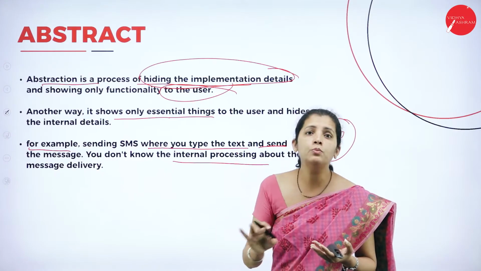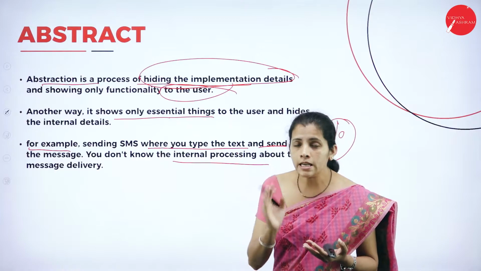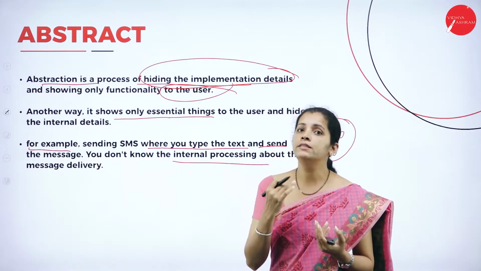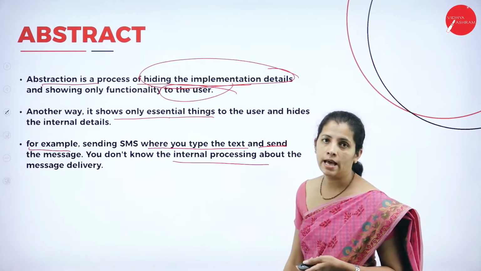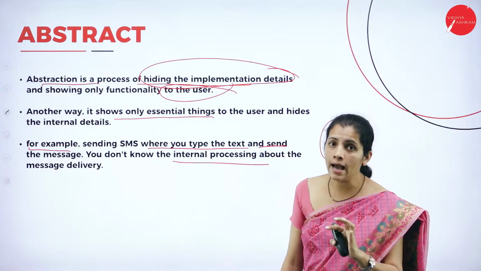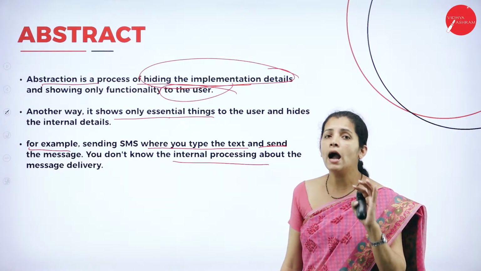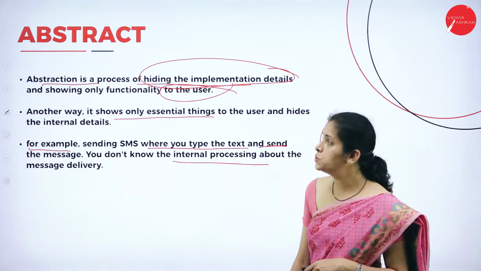What is my job? Just type the text and send the message. And this is called abstraction. That means provide only basic functionalities to the user and hide the rest of the things from the user.